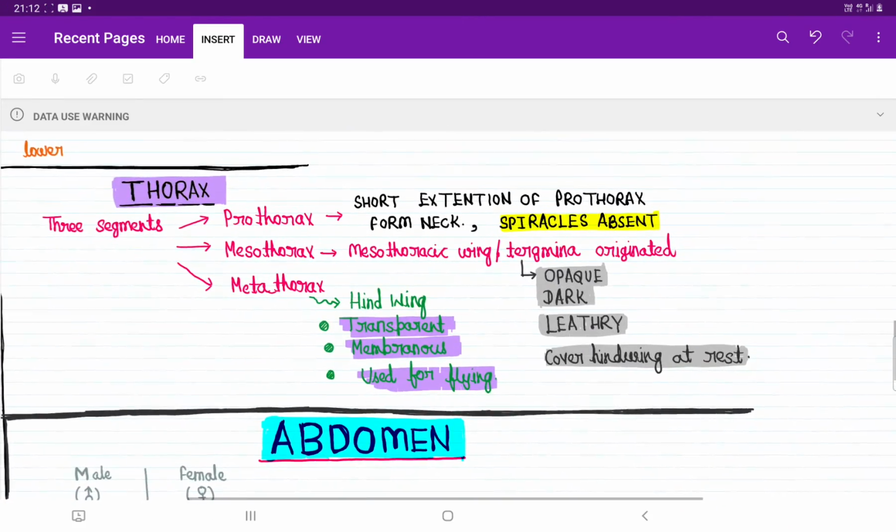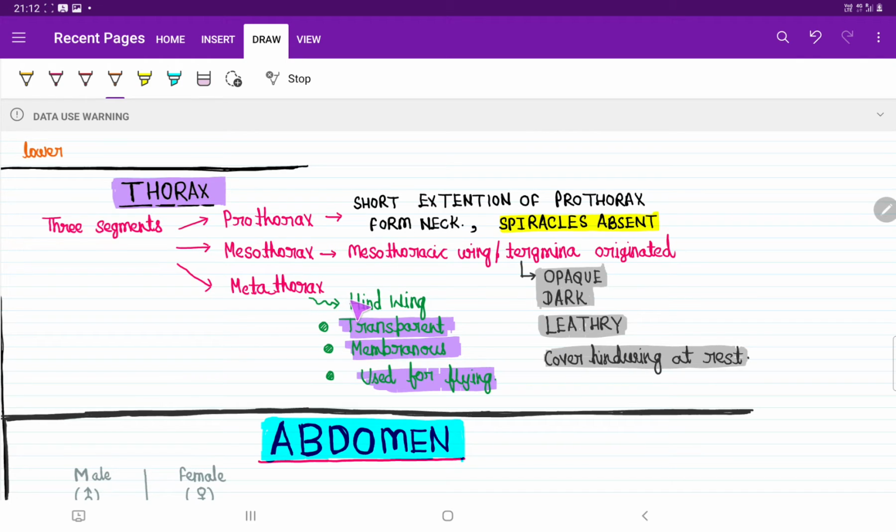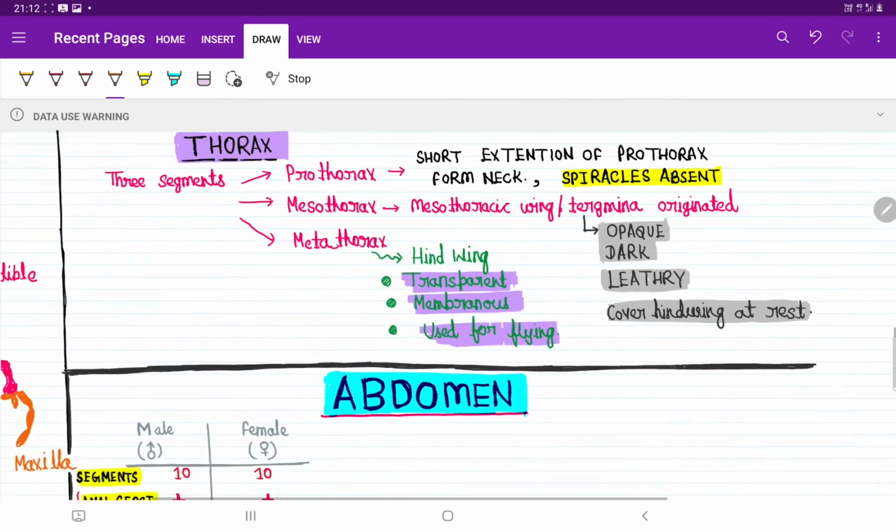So we completed that from the thorax two pairs of wings originate, but the hind wing is used for flying, not the forewing. And from each thoracic segment, one pair of appendages also originates. In total, six appendages are present.